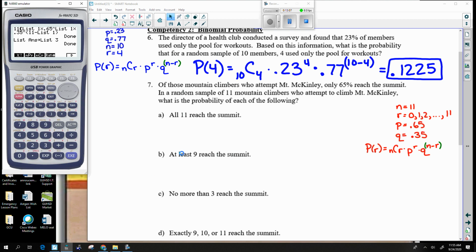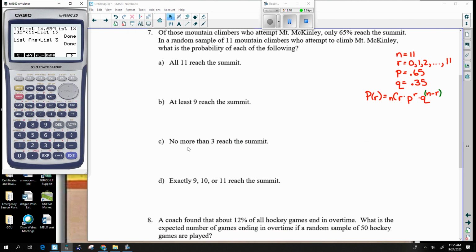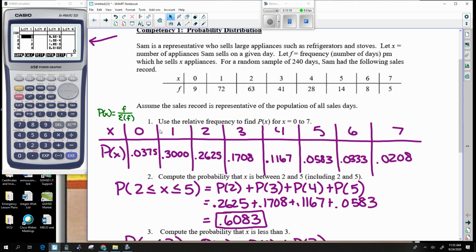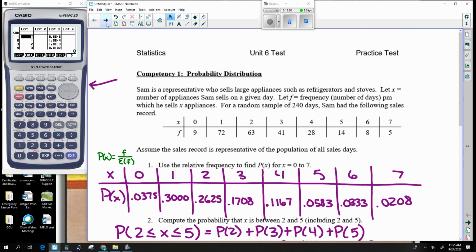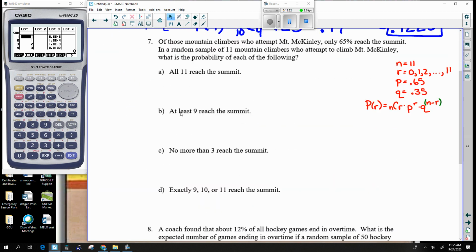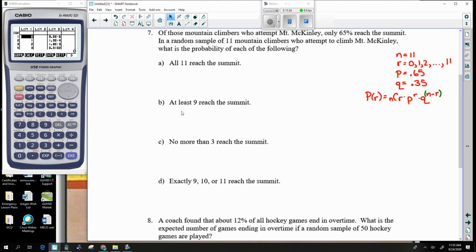Okay, so now all I have to do is answer these individual probabilities with the probabilities that I have written right here, similar to how I did on this front side. Okay, so here we go.